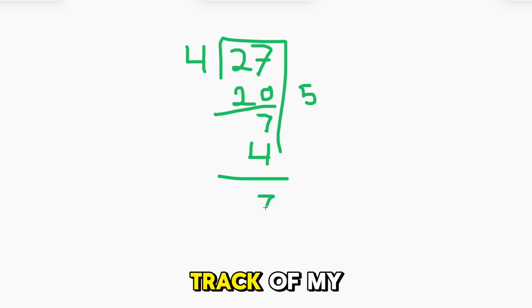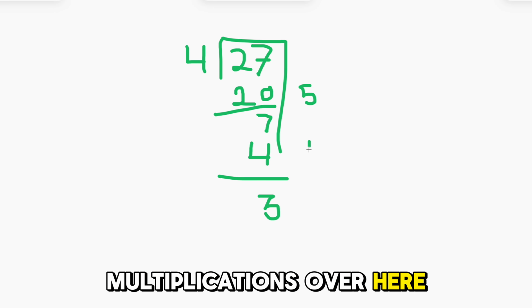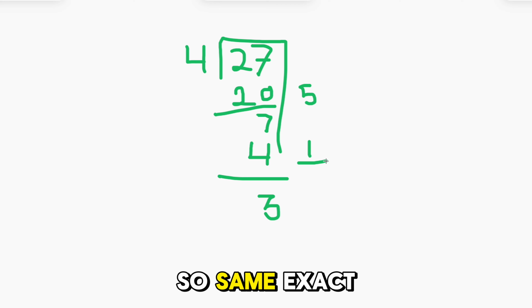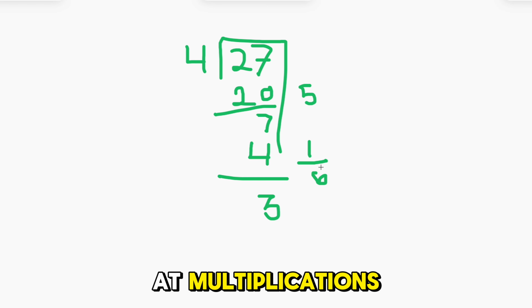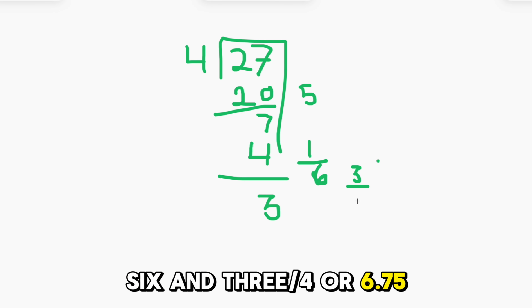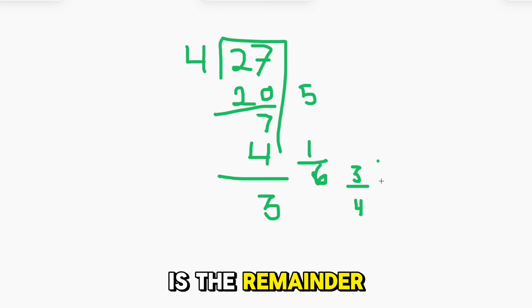And I have to keep track of my multiplications over here because I forgot. So I have 6 in total. Same exact method, just a faster way of doing it because I'm good at multiplication. And you can see 6 3/4, or 6.75, is the answer.